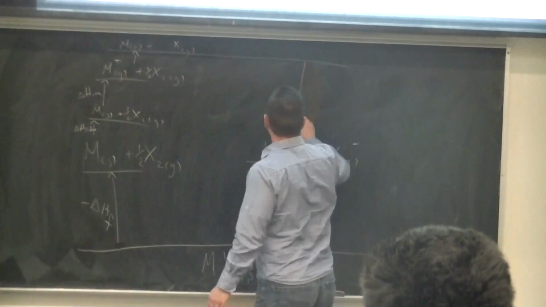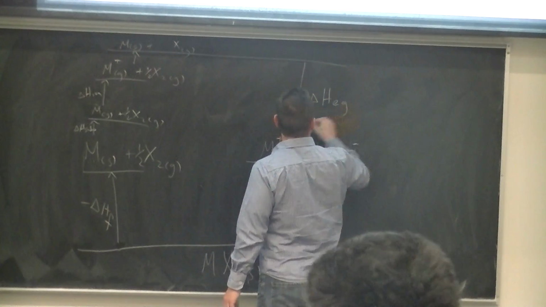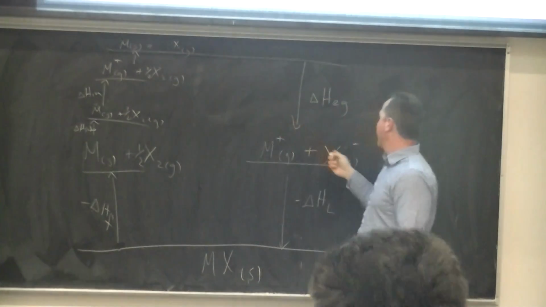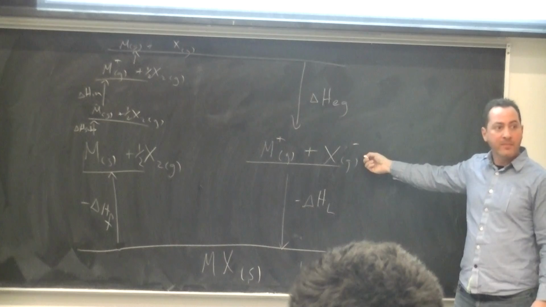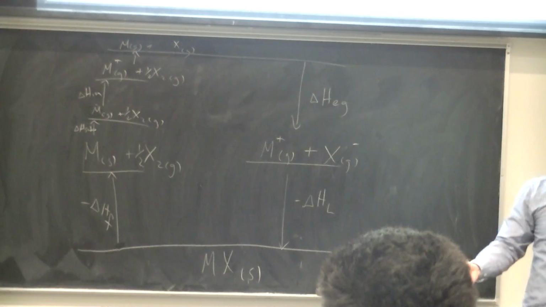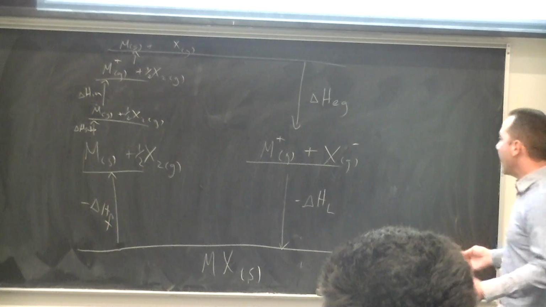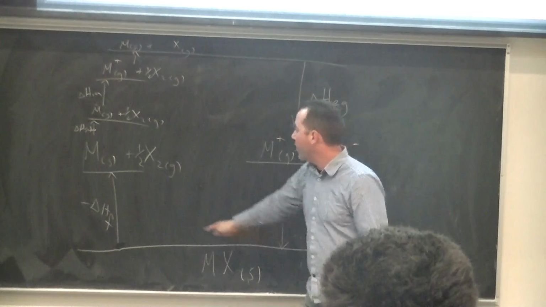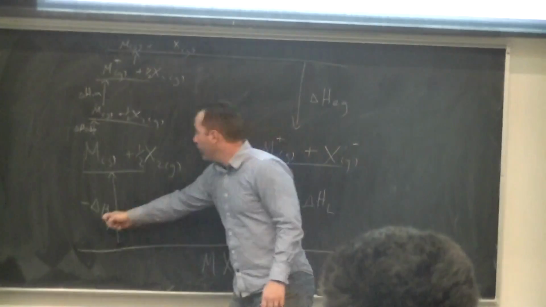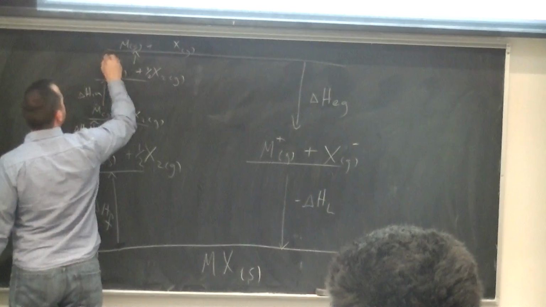So then the arrow is going to be down. Electron gain enthalpy. And that is going to transform my X into X minus. If you notice, we have completed the thermodynamic cycle. We have accounted for every single thing, and now, if I sum all these enthalpies, the sum will be 0. So if I know the values of all these, did I forget to put here the H?